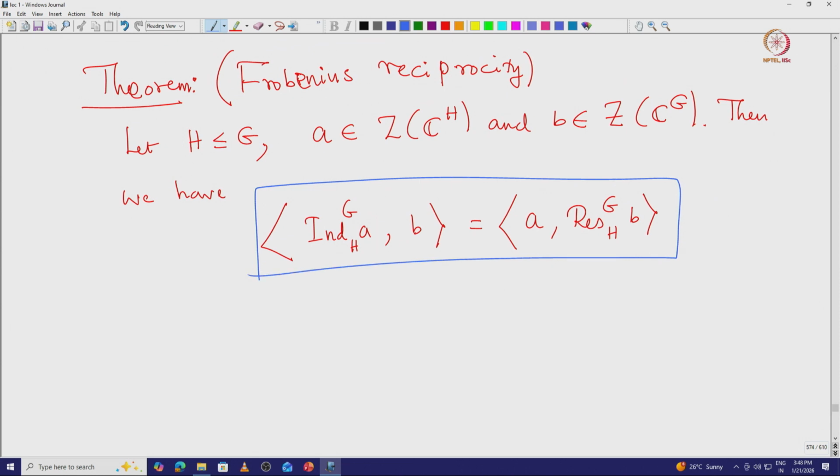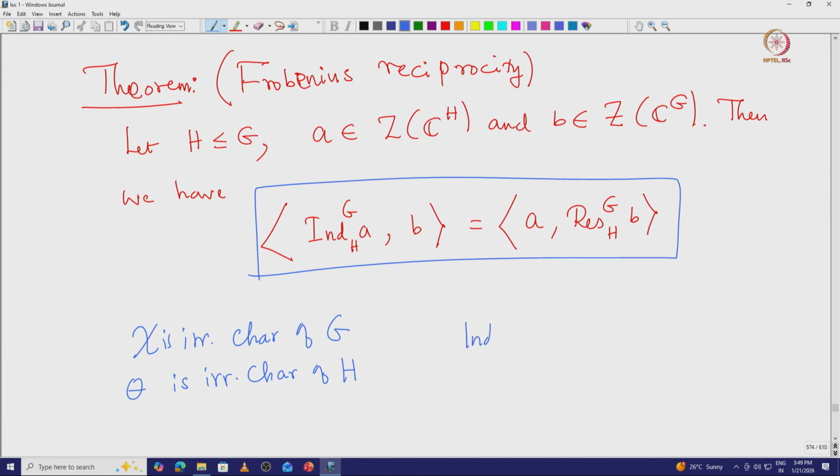So, like I said, if you start with an irreducible character chi of G and theta an irreducible character of H, then we are interested in the multiplicity of chi in the induced character, induction of theta.